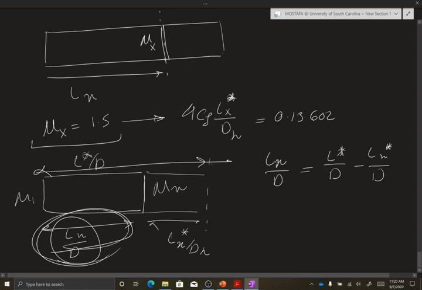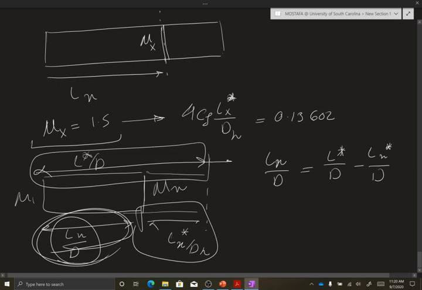Lx over D is equal to this minus this, right? We can multiply all sides by 4CF. We have the value of 4CF, we have the value of ratios. You eventually will find the Lx over D.